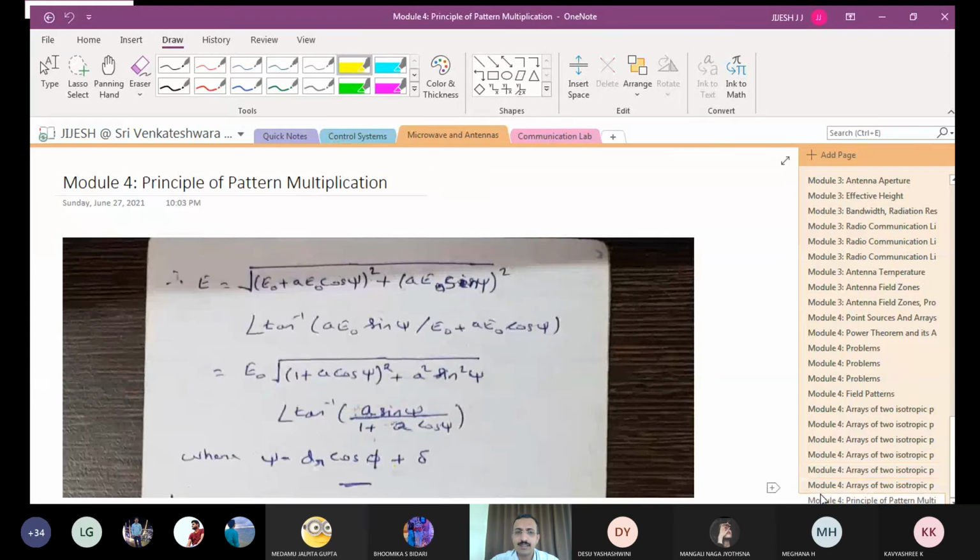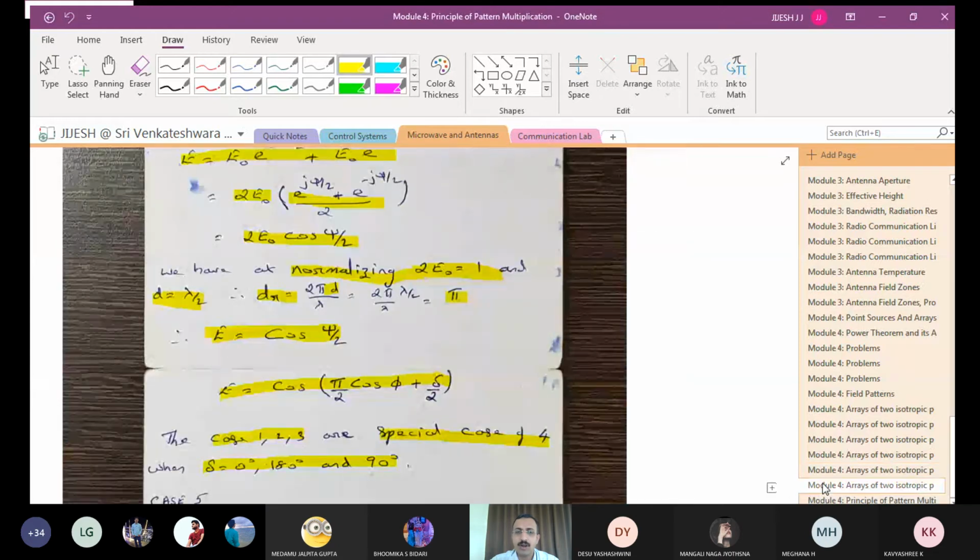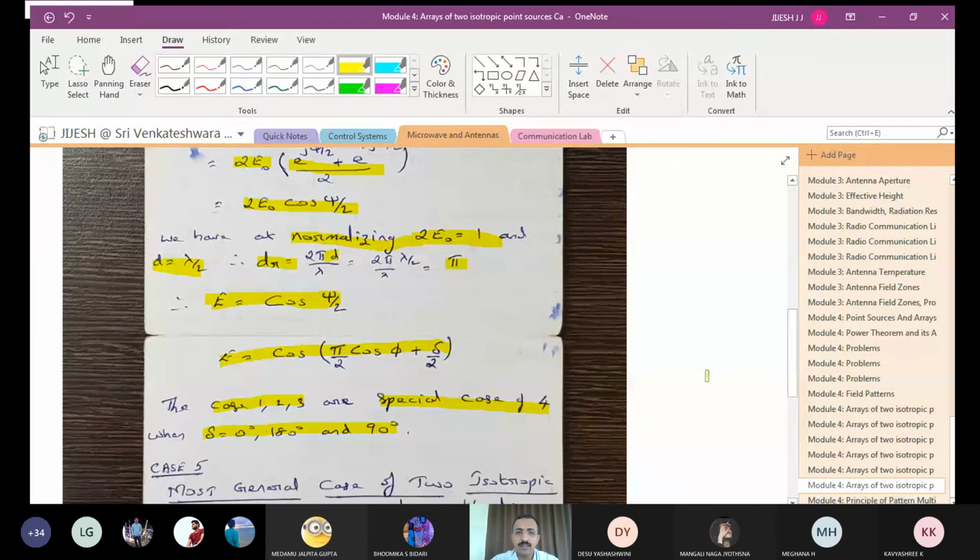What you can say is that it can be called a general case, where you can vary the delta value as 0, 180 and 90, and you end up with case 1, case 2 and case 3. So it is also called a special case, or a general case, where you have the same amplitude but any phase difference delta.